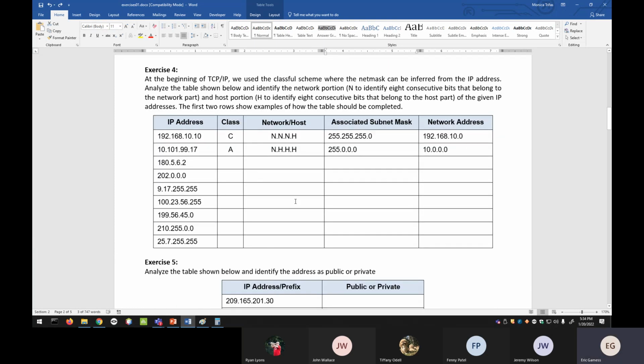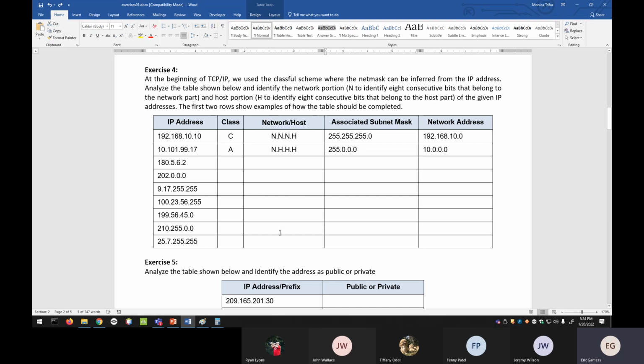Okay, so let's do exercise 4. At the beginning of TCP/IP, we used the classful scheme, where the net mask can be inferred from the IP address. Analyze the table shown below and identify the network portion and the host portion for any given IP address. The first two rows are examples of what you are expected to do.